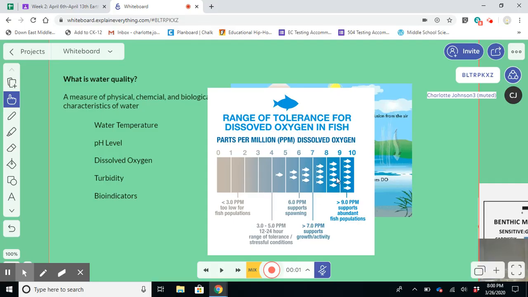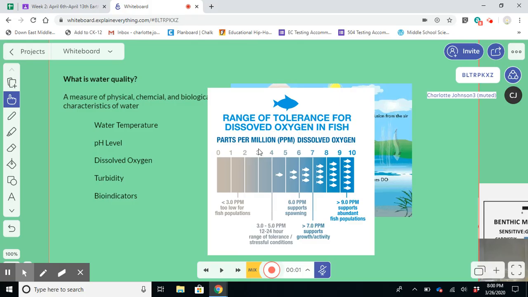So even within this, it's not just fish, it's any type of organism. There might be organisms that can live in areas that have low dissolved oxygen, but you're not going to have an abundant type of biodiversity or diversity in the organisms that make up your ecosystem.